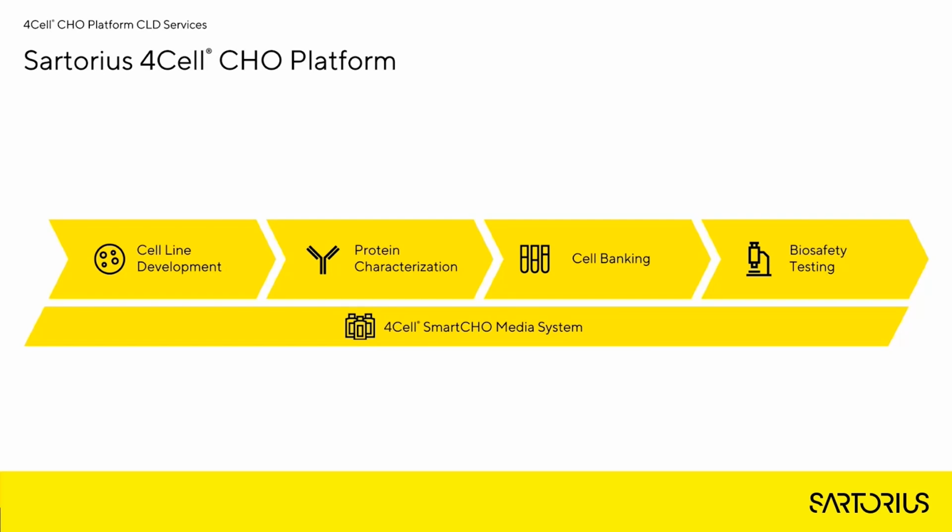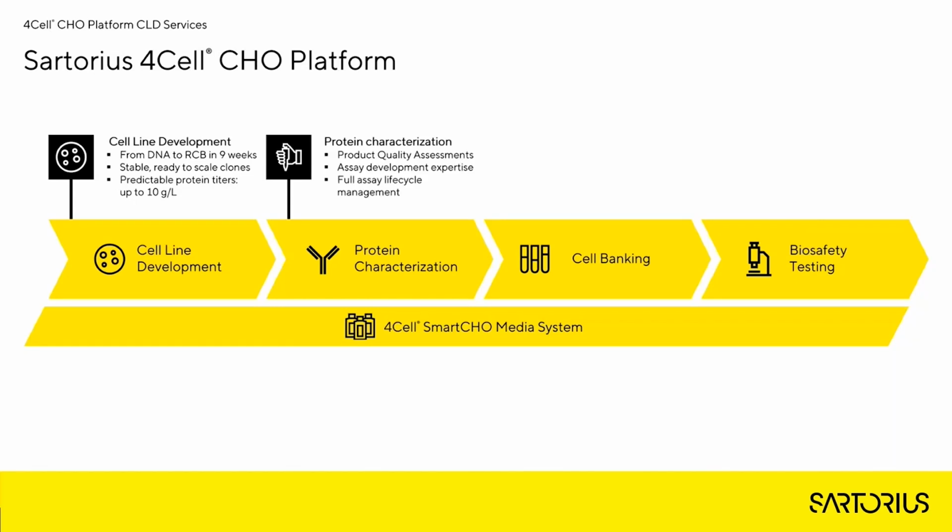At Sartorius, we meet these needs with our 4-cell CHO platform. The first stage of this platform is the generation of a robust cell line based on our stable CHO DG44 host cell line and optimized expression vector. This part is provided by our facility in Ulm, where we go from DNA to RCB in 9 weeks. Here we generate the stable and ready-to-scale clones with predictable protein titers of up to 10 grams per liter.